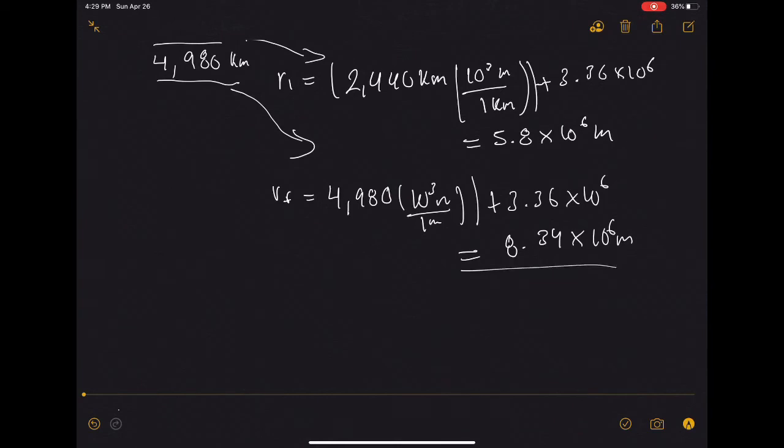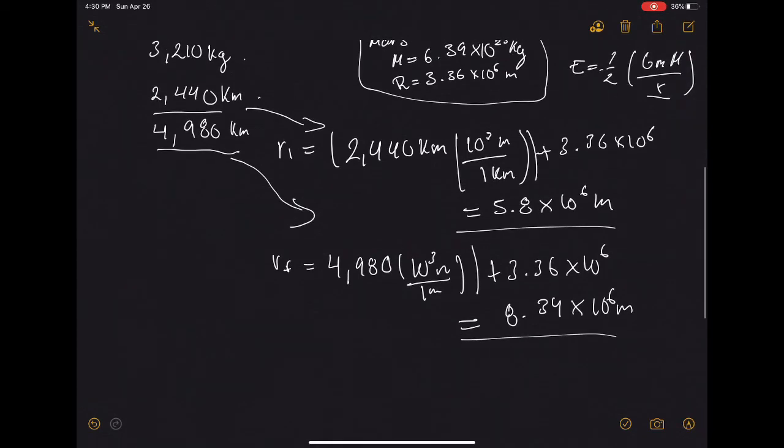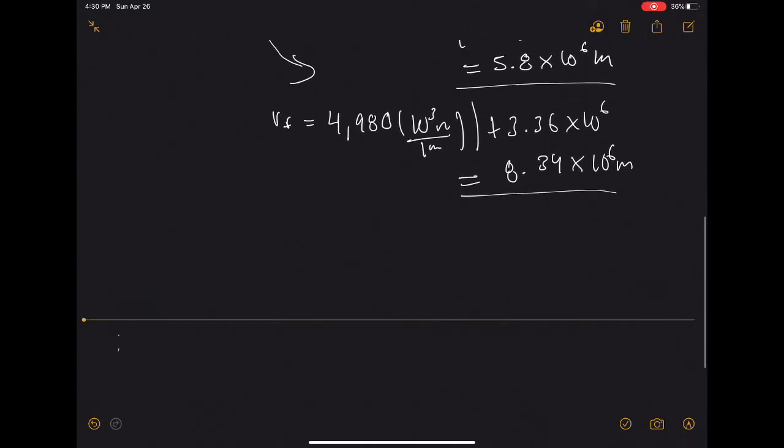So now that we have those two, we're gonna use that formula to get the initial and the final energy.